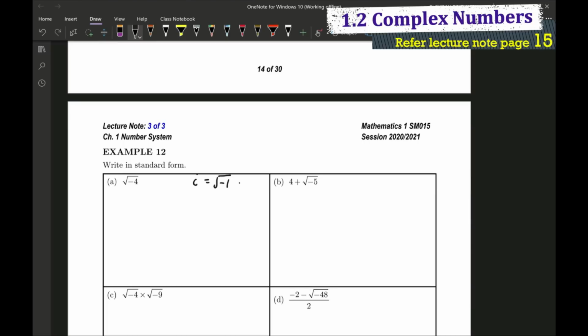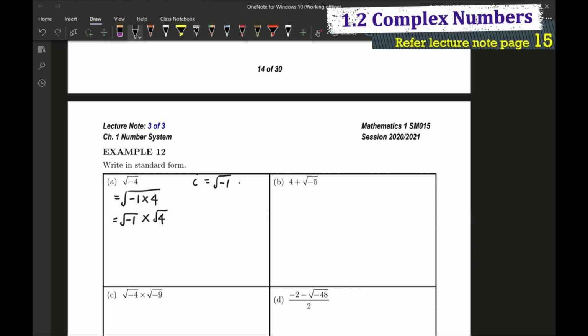So we need to rewrite this in the form of negative 4 is equal to negative 1 multiplied by 4. And by the law of surds, we can separate it, or break this up, into separate roots: the square root of negative 1 multiplied by the square root of 4.